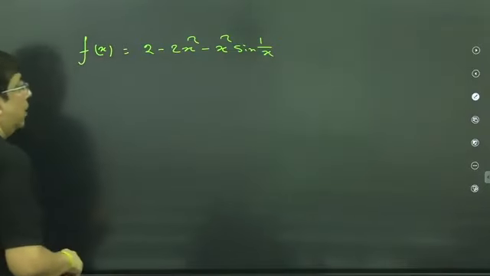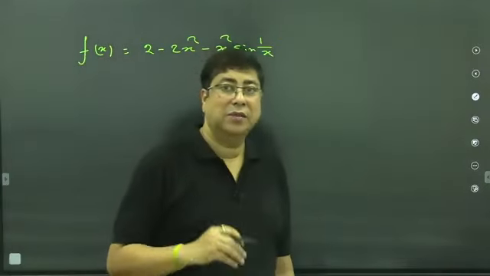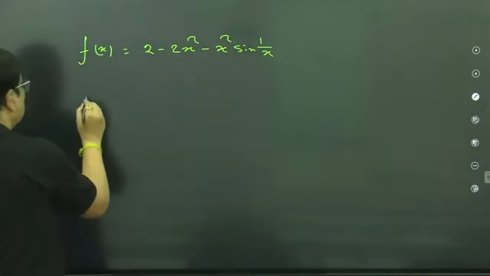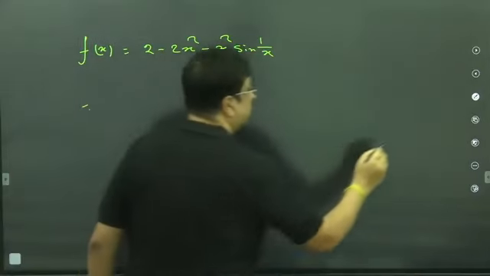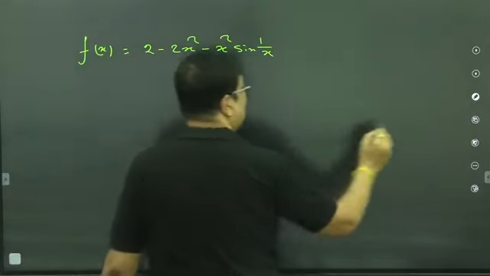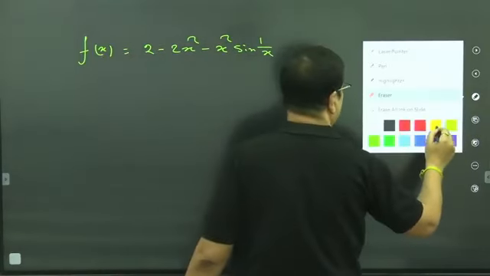So, remember one thing, let's differentiate this curve. So, f dash x. If we can differentiate, the thing will be totally clear.